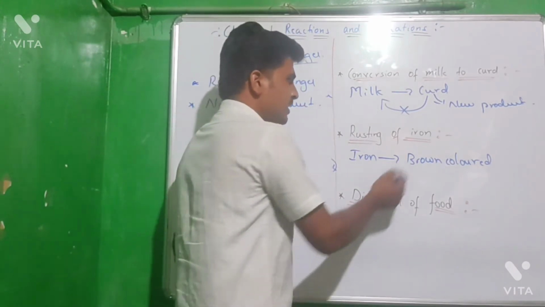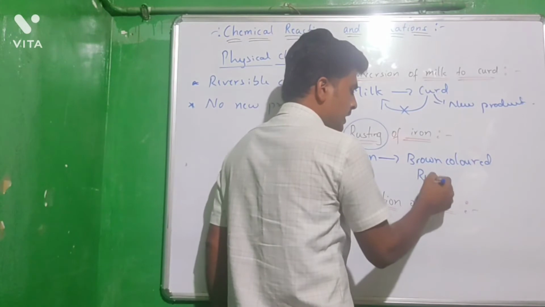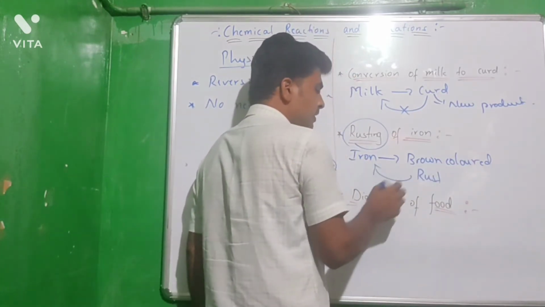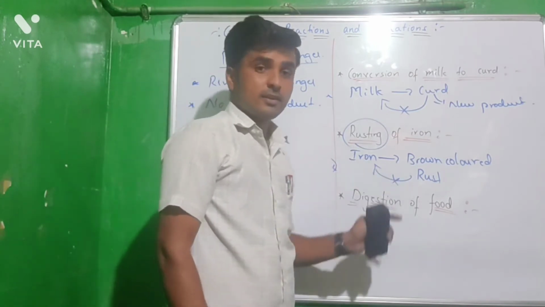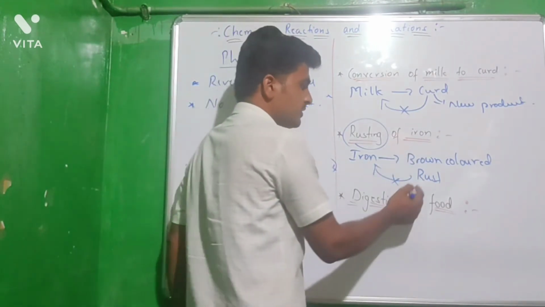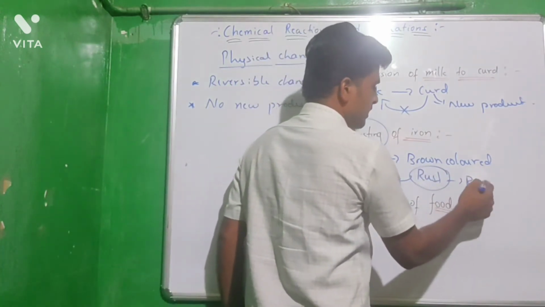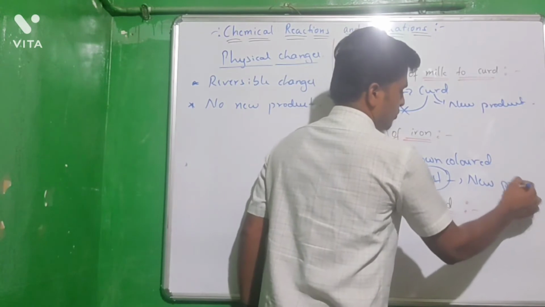That is called rust. But we cannot get the iron from the rust; we get rust from the iron. Rust is the new product here.